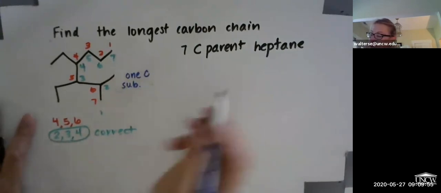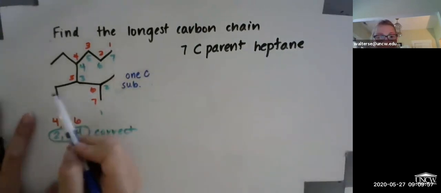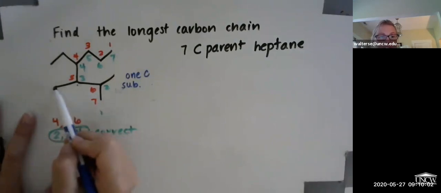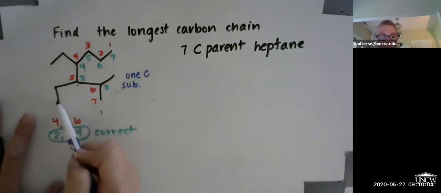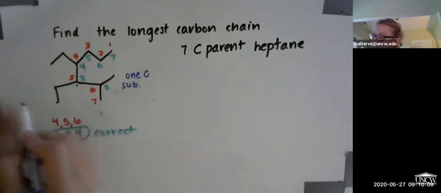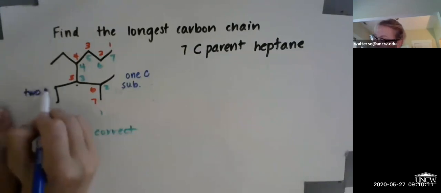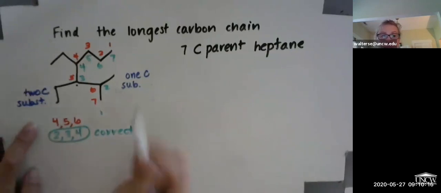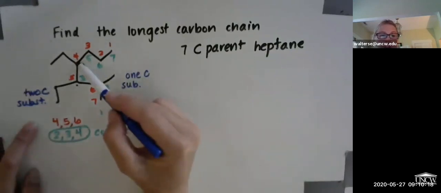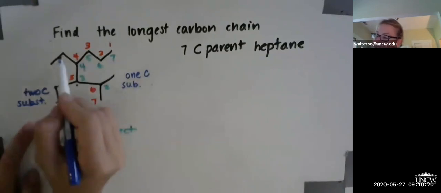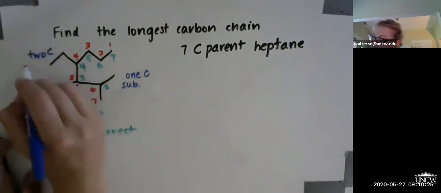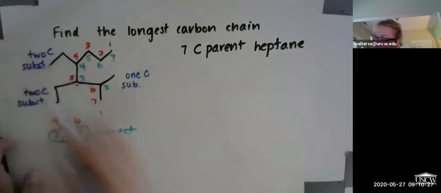Off of carbon 3, this carbon is in the parent. This carbon and this carbon are in the substituent. So parent carbon, 2 carbons in the substituent. And off of carbon 4, this one is in the chain. These 2 are in the substituent. So this is also a 2 carbon substituent.